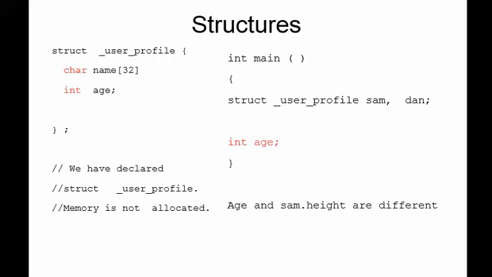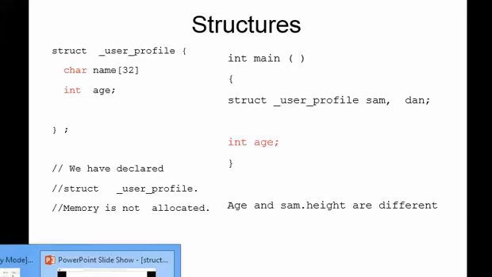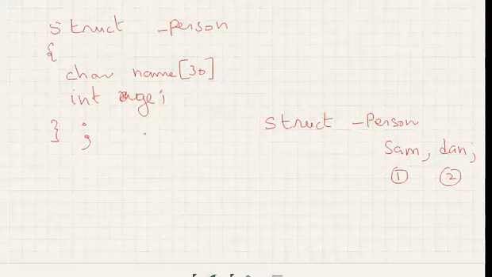And here we have declared another variable, independent variable age. This variable and the variable inside the structure are totally different. They are different memories, and they do not belong to each other. For instance, I have declared another variable, integer age, outside the structure.